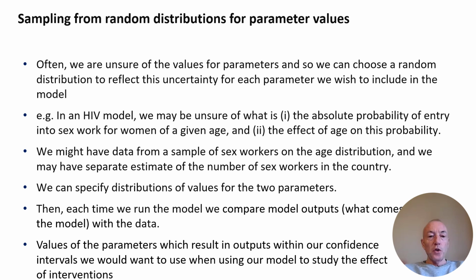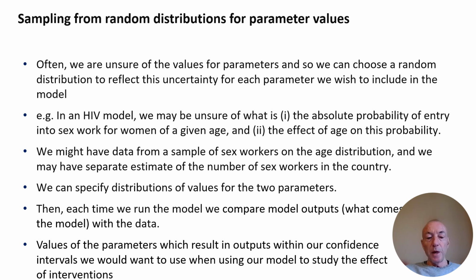Now, often we're unsure of the values for parameters, and so we can choose a random distribution for the parameter to reflect this uncertainty for each parameter that we wish to include in our model. In an HIV model, for example, we may be unsure of what is the absolute probability of entry into sex work for a woman of a given age and the effect of age on this probability. We might have data from a sample of sex workers on the age distribution, and we may have a separate estimate of the total number of sex workers in the country.